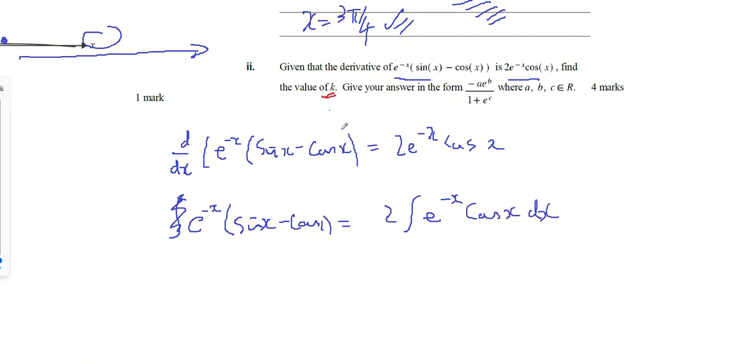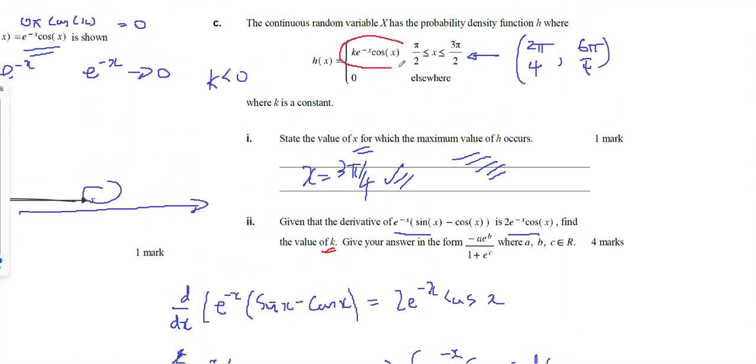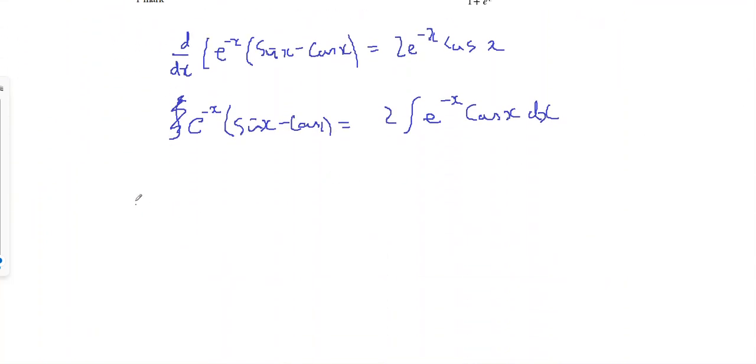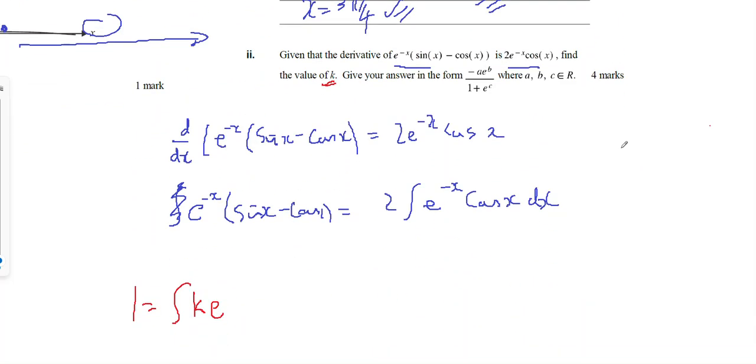I need to find k. K is going to be such that the integral of this over this domain equals 1. So I know 1 equals the integral of k e to the minus x cos of x dx from pi on 2 to 3 pi on 2.